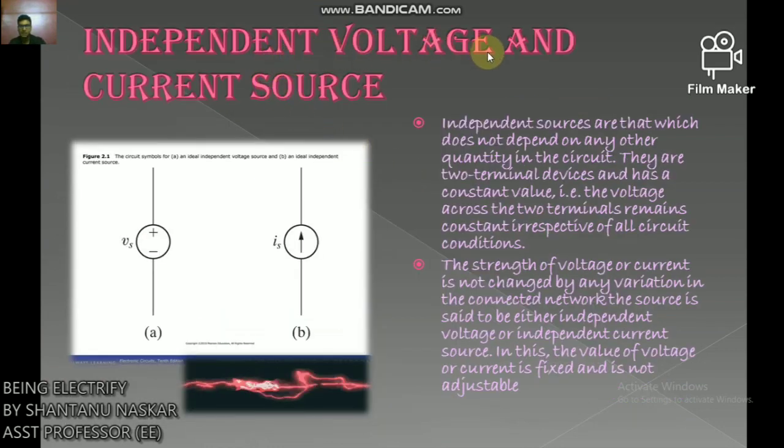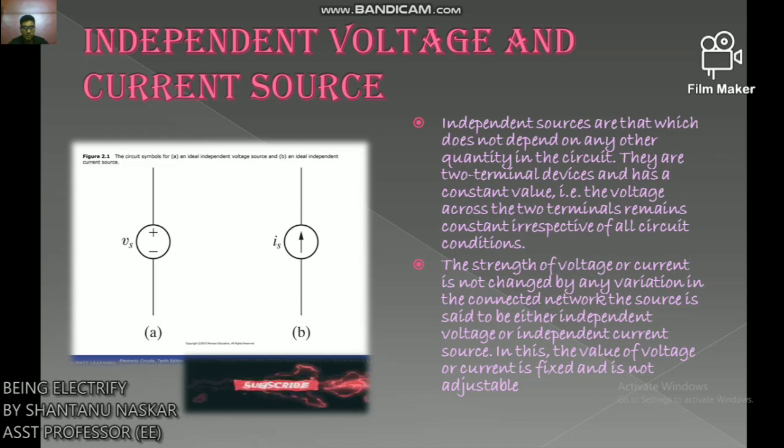Independent voltage and current source. Independent sources are those which do not depend on any other quantity in the circuit. They are two-terminal devices and have a constant value, like the voltage across the two terminals remains constant irrespective of all circuit conditions.